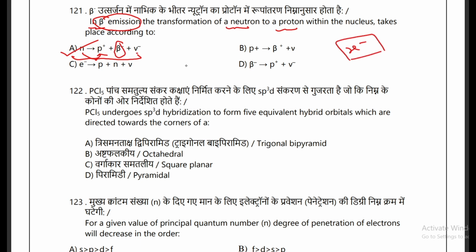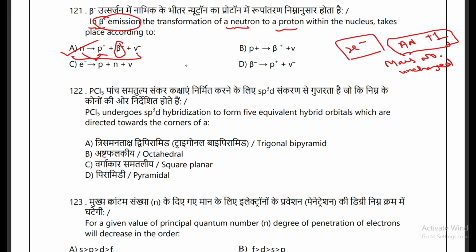So A option is your correct answer, and this process increases the atomic number by 1 while keeping the mass number unchanged. So atomic number increases by 1 and mass number remains unchanged in this process. Clear? A option is your correct answer.